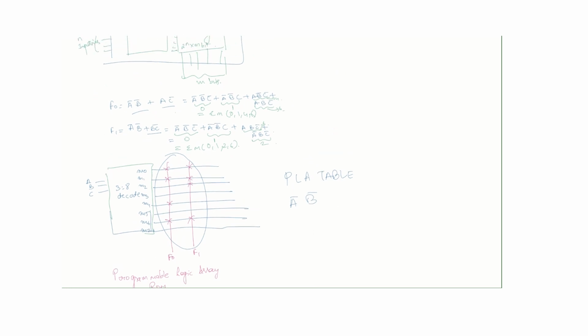Basically it will just implement this. While for this ROM table, you need to convert it into a particular address line like 0, 1, 4, 6 and then implement it.